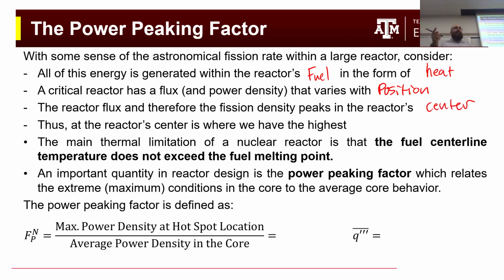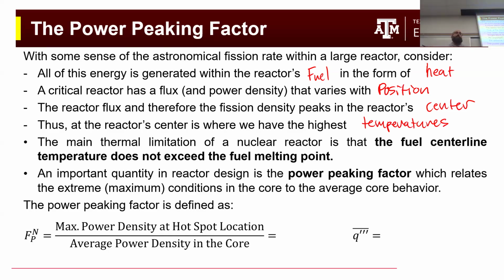And so at the center is where we are going to have the highest temperatures. This is all true for a one region reactor, and generally it's true for large reactors too. Basically that's where we have the highest temperature.